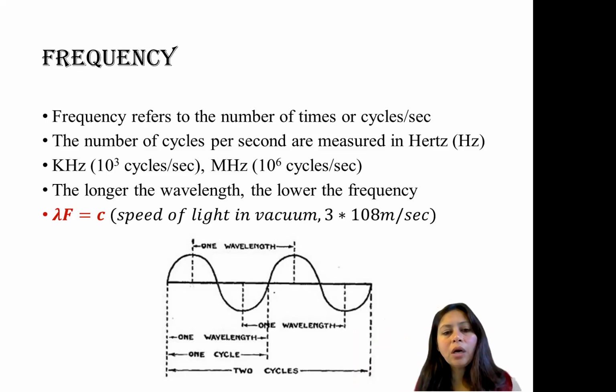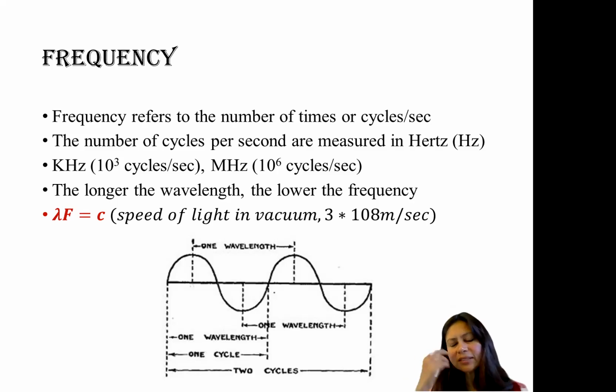Okay, so there are waves that can make 10 to the power 3 complete cycles in 1 second. 10 to the power 3 complete cycles in 1 second is referred to as kilohertz. 10 to the power 6 cycles per second is referred to as megahertz. The longer the wavelength, the lower the frequency.